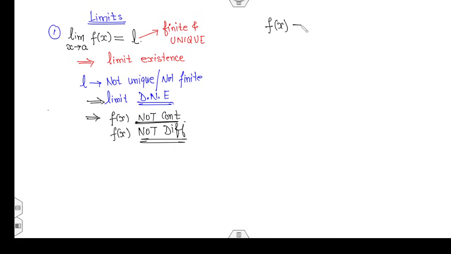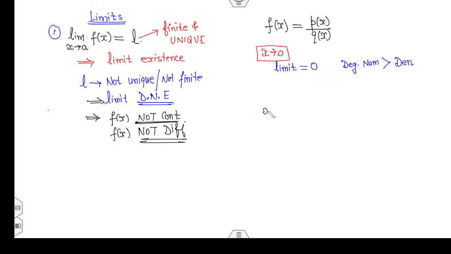If your function is of the form p(x) divided by q(x), and you want to check whether the function is continuous or differentiable at the point x approaches 0, or whether the limit exists at the point 0, the limit exists when the degree of the numerator is greater than the degree of the denominator. Then the limit exists and the limit will be 0.